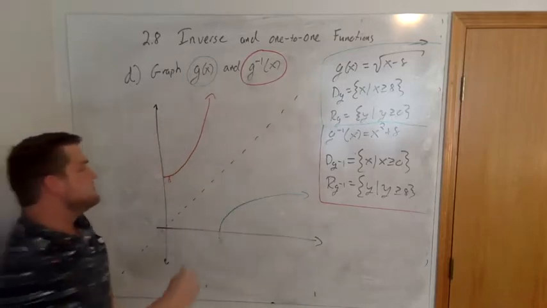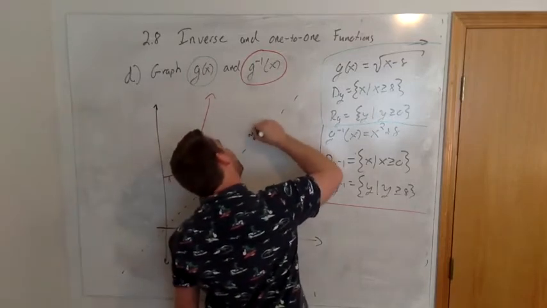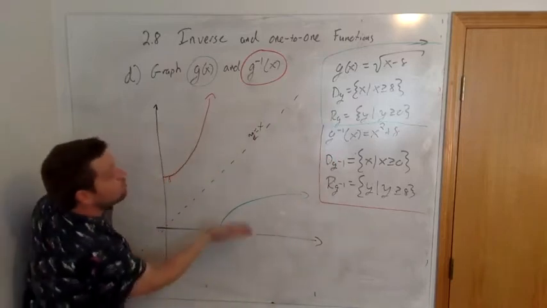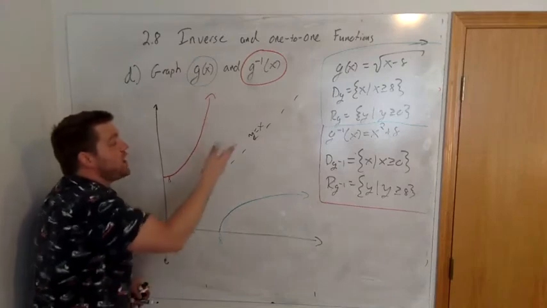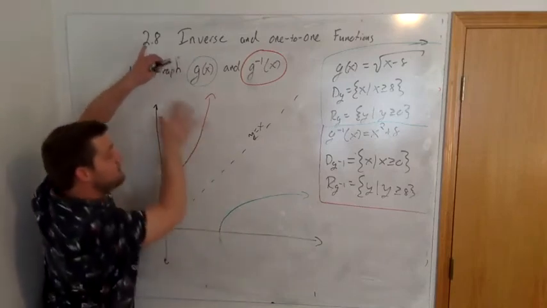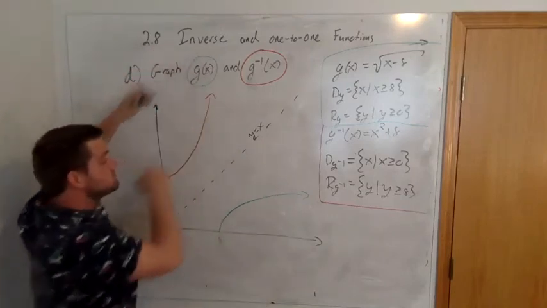Notice here, this is the line y equals x. These are reflections of one another over this line y equals x. If you folded this paper, these would match up perfectly.